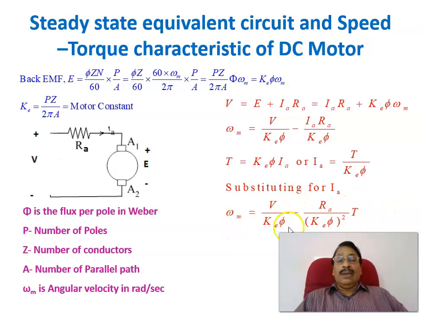Omega M equals V by Ke into phi minus Ra divided by Ke into phi whole square, into the torque T. Where, as I told you, P is the number of poles, Z is the number of conductors, A is the number of parallel paths, A equal to 2 for wave winding and equal to P for lap winding, and omega M is the angular velocity in radians per second.